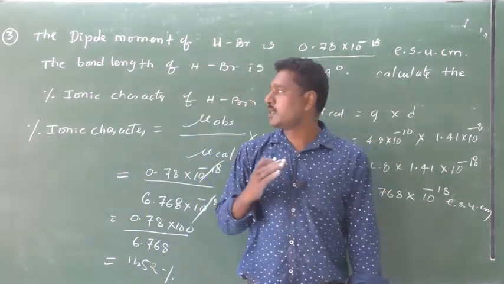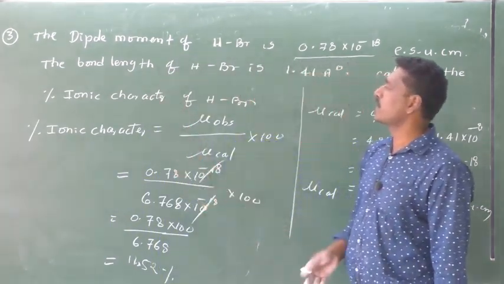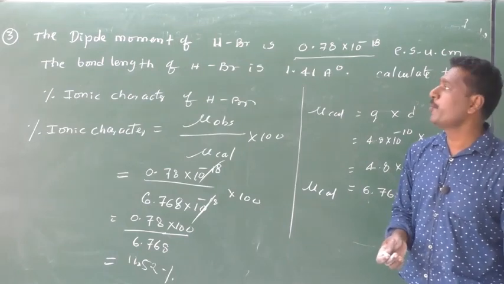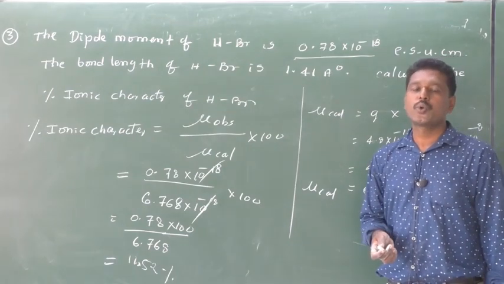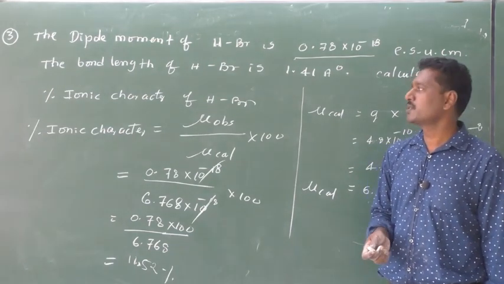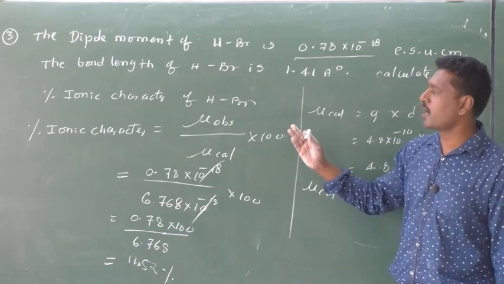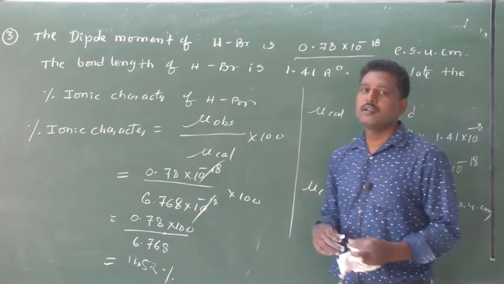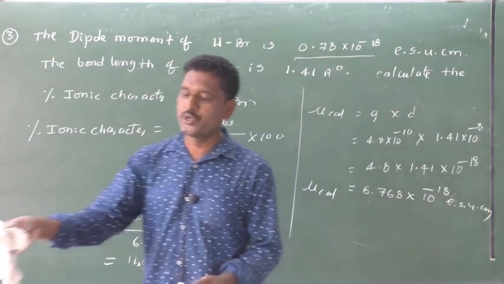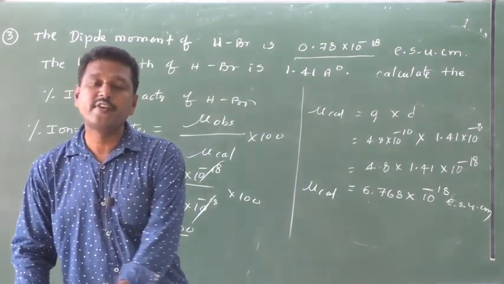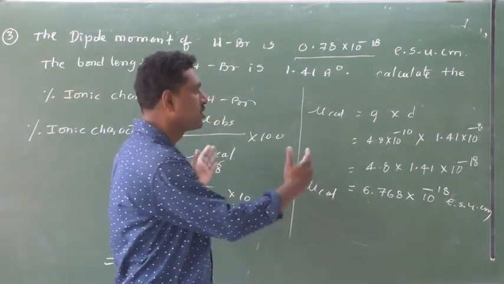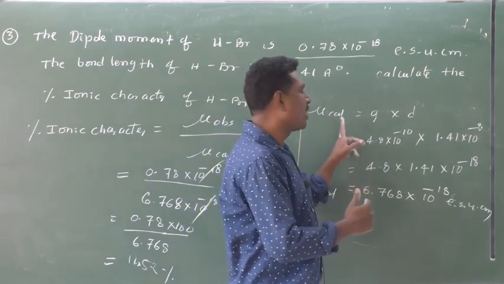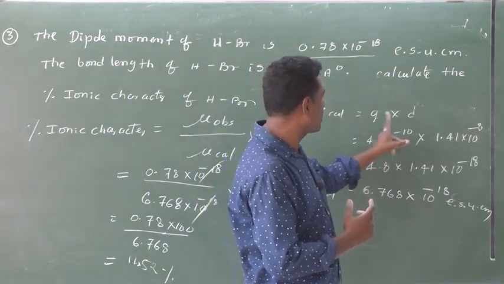So these are the problems on percentage ionic character and bond moment of covalent molecules. Percentage ionic character is calculated by using this formula. So these are the numericals of dipole moment. The first formula is dipole moment, the product of charge and distance.